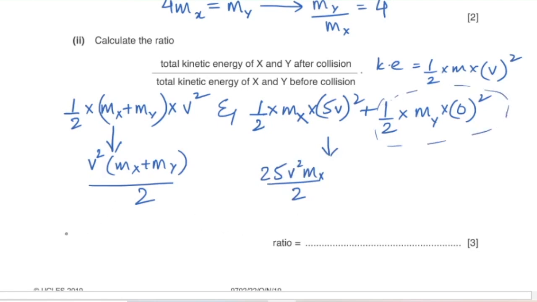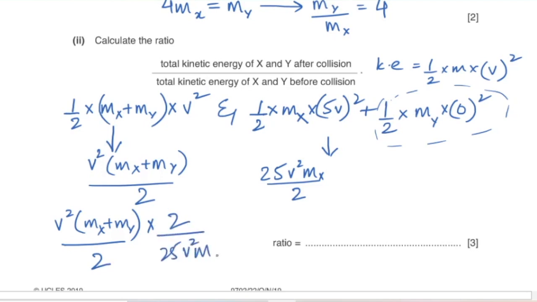So now this is total kinetic energy of x and y after collision divided by, so I will reciprocal it, and 25v square mx. This 2 and 2 gets cancelled. This v square and v square gets cancelled. So we are left with mx plus my divided by 25 mx.